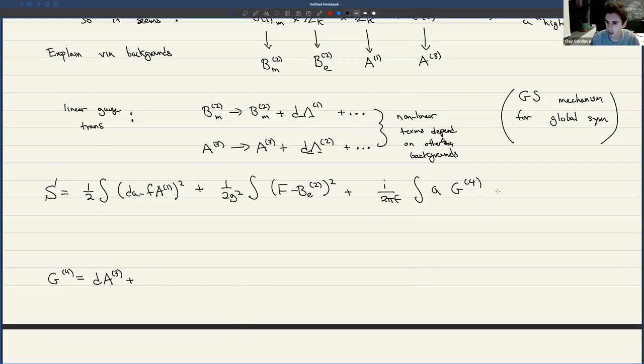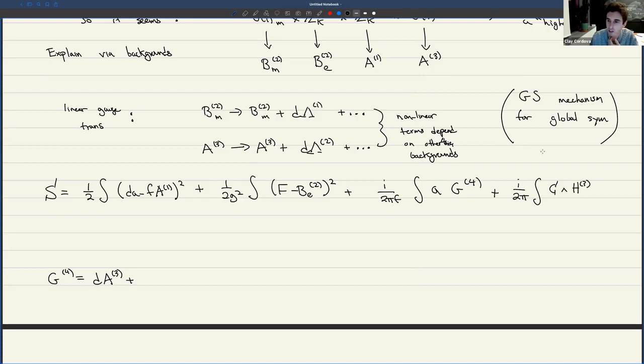And similarly, I will also write the magnetic term as C wedge H3.